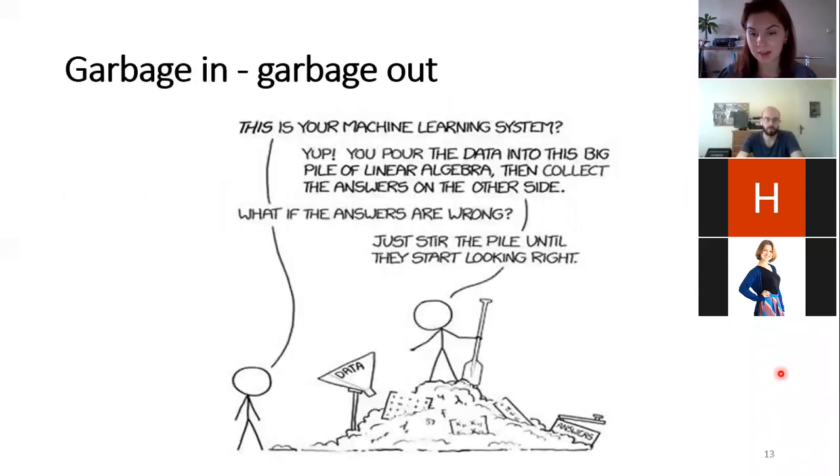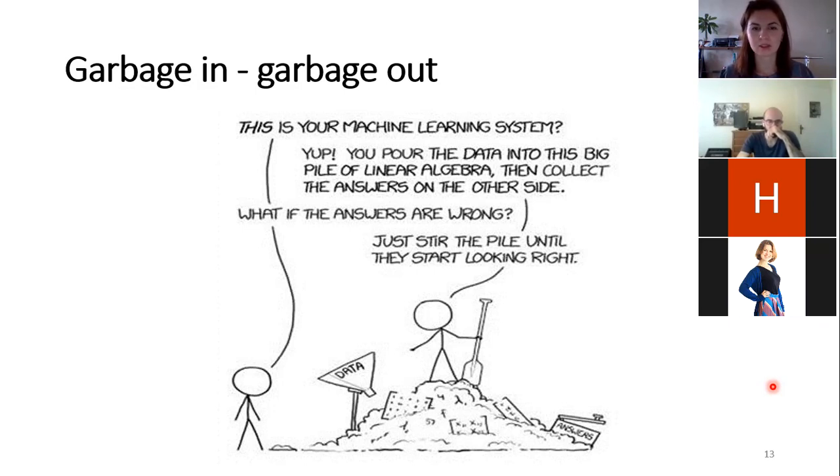And really, our golden rule for models: garbage in, garbage out. It doesn't matter how good your model is, but it extremely matters how good your input data is. So, some joke here, yes: this is your machine learning system. You pour the data into this big pile of linear algebra, then collect the answers on the other side.